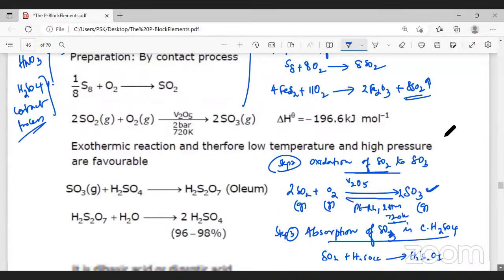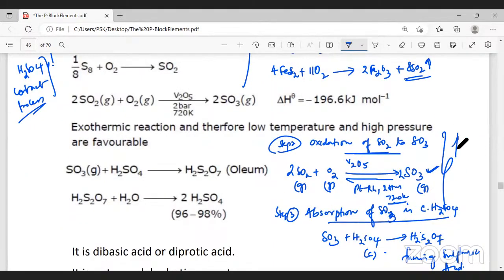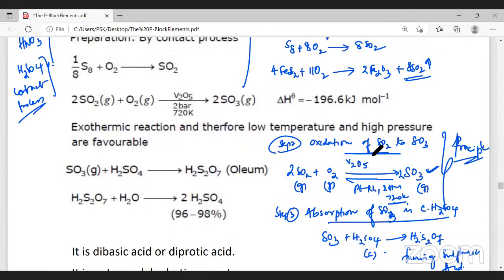So this is the principle of contact process. If they ask you to write the principle of contact process for 3 marks, you should remember that sulfur dioxide oxidation to sulfur trioxide is the principle. So sulfur dioxide oxidizes to sulfur trioxide in the presence of vanadium pentoxide as a catalyst or platinum rhodium as a catalyst at 2 atmospheric pressure and 720 Kelvin.